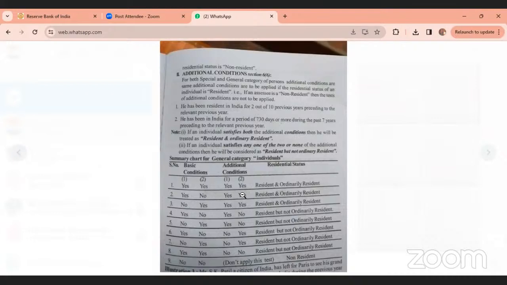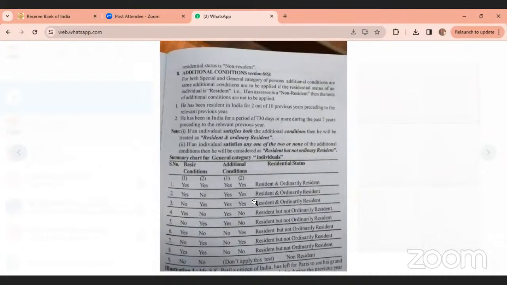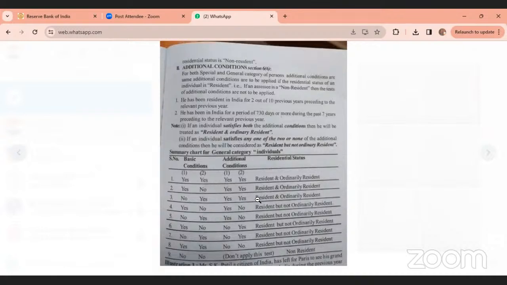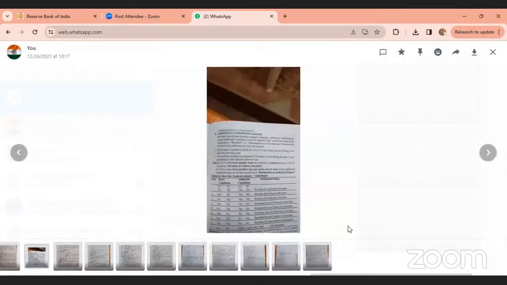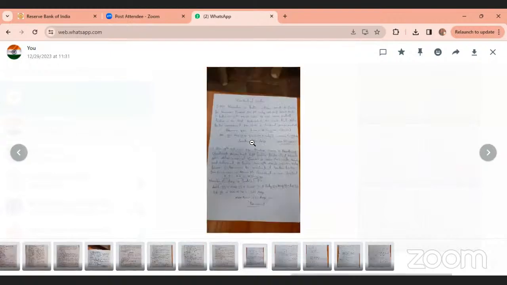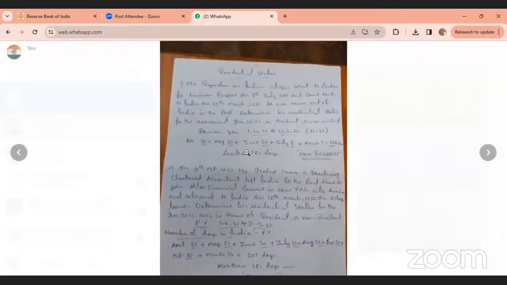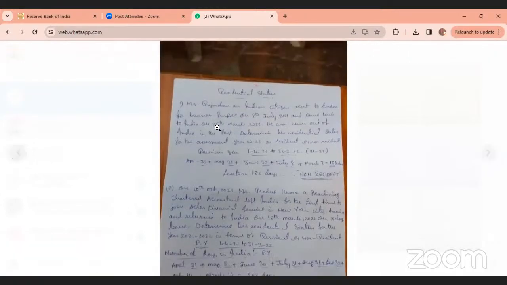This is the summary of satisfying the basic conditions and additional conditions, and finding resident and ordinary resident or resident but not ordinary resident. Yeah, you know the previous year, assessment year, yes or no? Yes, ma'am. Yeah, now you see here one question is there.